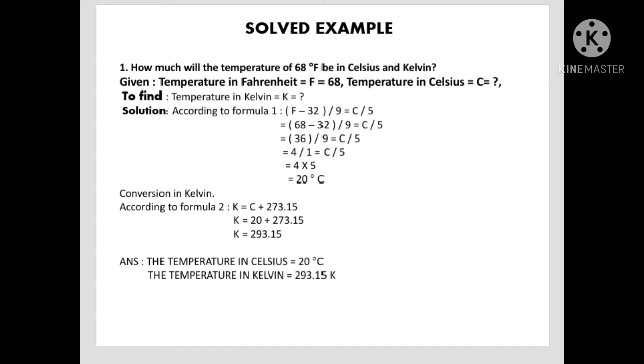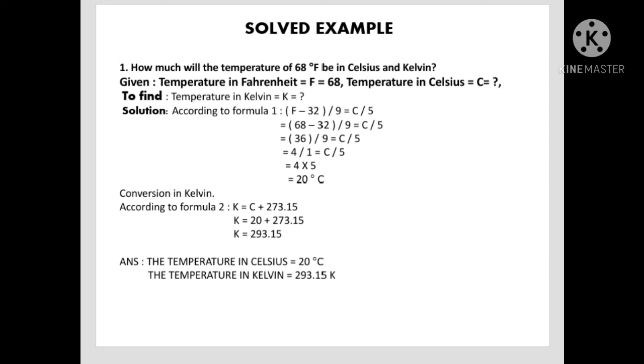Now students, we got the answer in Celsius. According to Kelvin, the formula is K = C + 273.15. So we now know the value of C. So 20 + 273.15 gives you the answer as 293.15. So students, now we got both the answers.